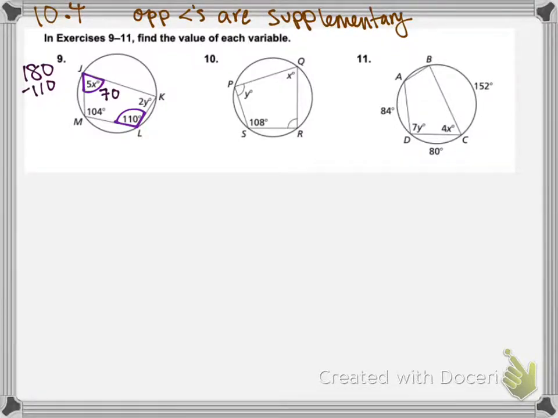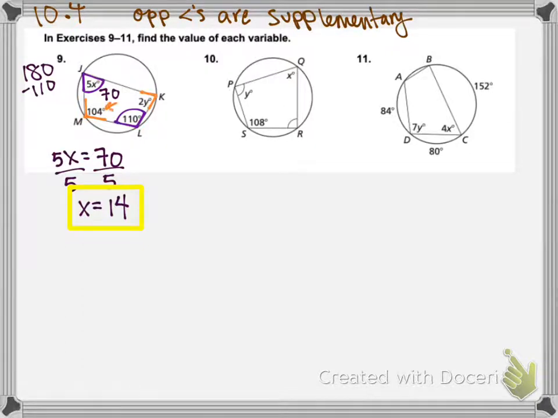So I know that 5x has to equal 70, right? But that is not what x equals. To find out what x equals, we're going to divide by 5. I believe it's 14, yep. So x is 14. We'll do the same thing for y. These two are opposites.